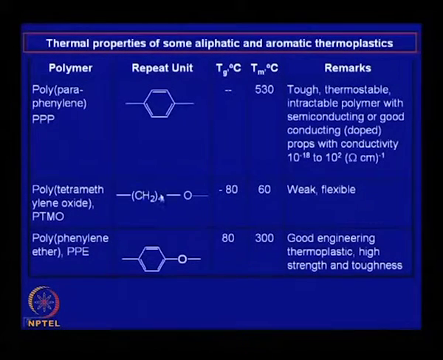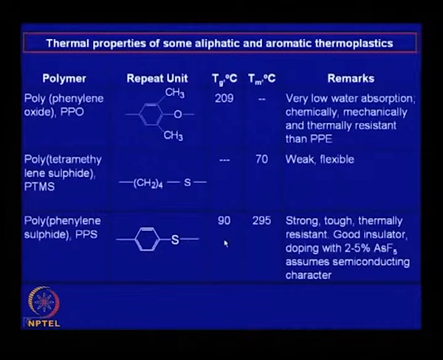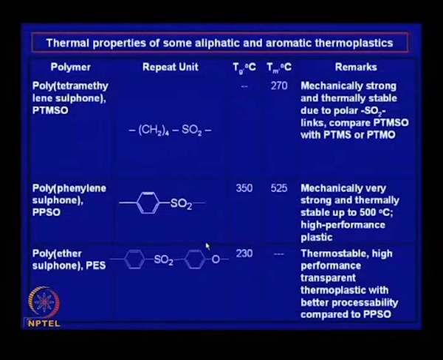When these 4 methylene units are replaced by a phenyl ring, keeping this ether linkage the same, its Tg has been changed to plus 80 degree. So, this way you compare these polymers with the structures and their glass transition and melting transitions. There are many examples here.